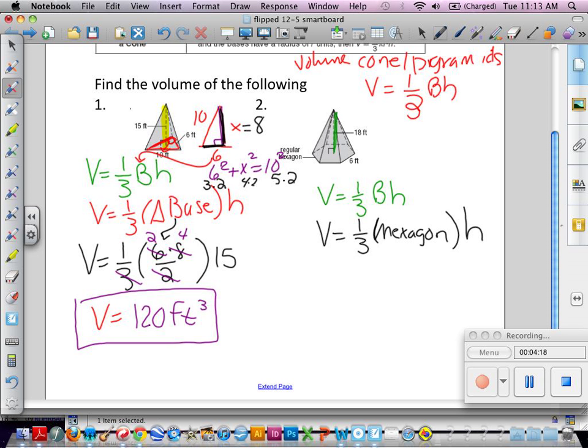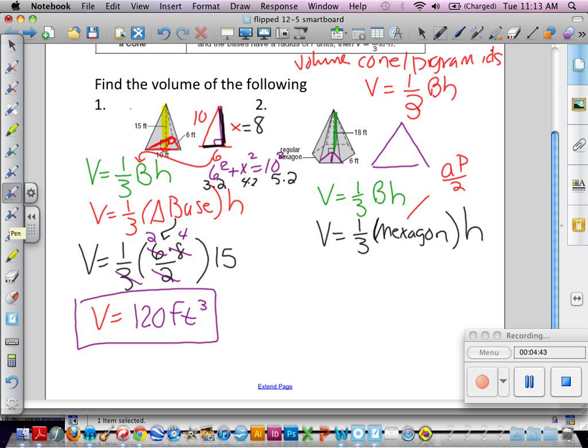And so when I think about the hexagon's area, I use my apothem times my perimeter divided by 2. Some of you might go and draw a triangle in that hexagon and then multiply it by 6 once you find the area. So when I think about this, I'm going to need my apothem, which is right here.